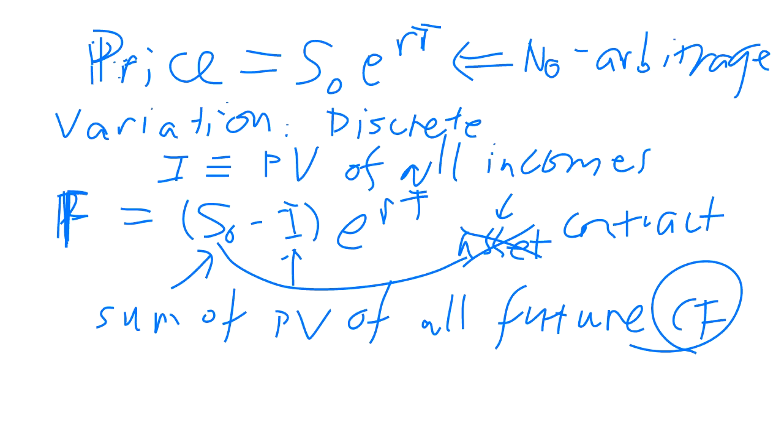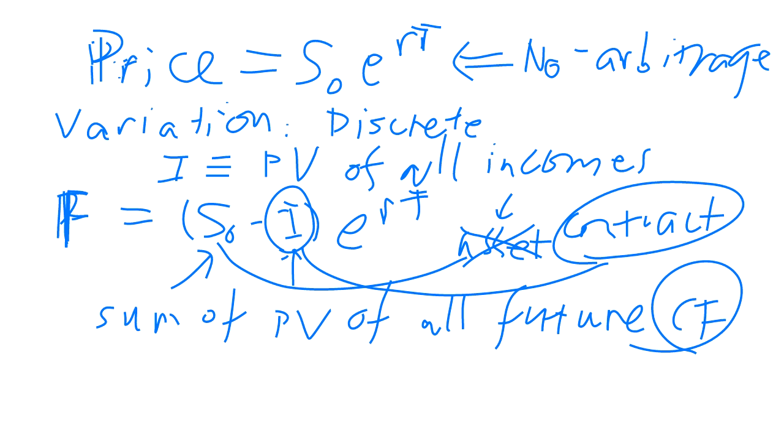However, since you are not holding the asset, you're holding the contract instead. During the duration before the contract delivers or expires, there will be this amount of income that will not be received by you, because remember, you're not holding that asset, you're only holding the right to buy that asset, or obligation in this case.